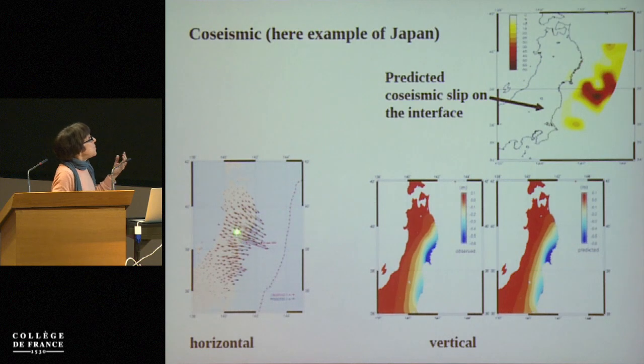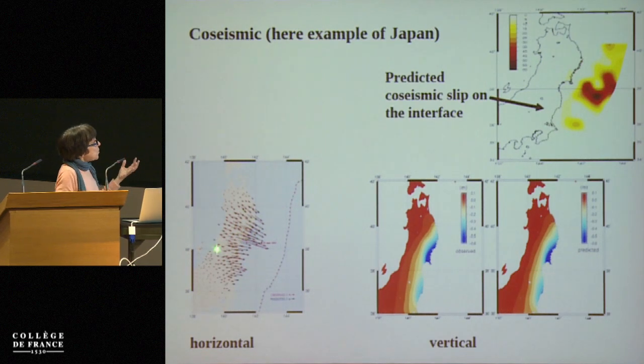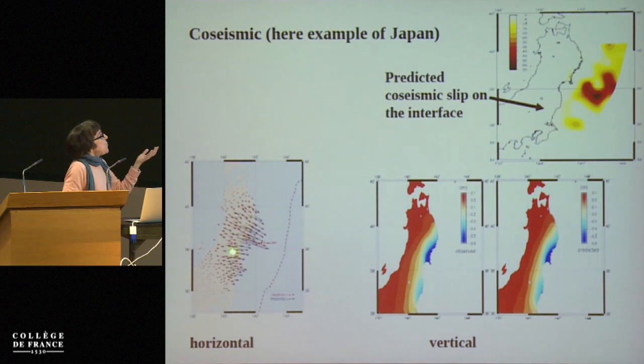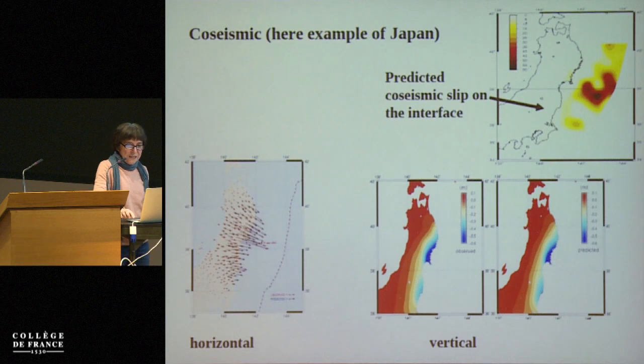And one does that very simply using the horizontal motion, all the GPS data that we can get, sometimes also InSAR data that we can get after the earthquake. And we get this coseismic motion. And you see, for example, here in the case of Japan, that we can fit quite nicely both the horizontal and the vertical motion. And we did the same thing for the two other earthquakes.